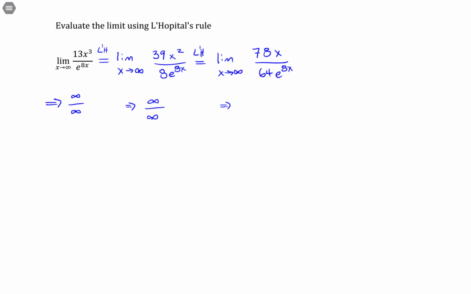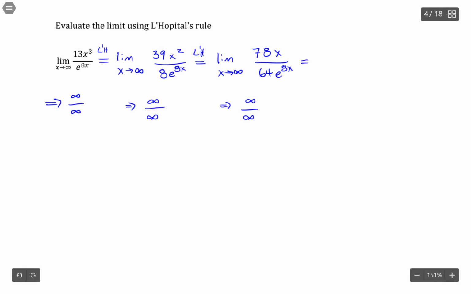So what would happen is the numerator would still go to infinity, and the denominator would still go to infinity. But if you'll notice, even though we're doing multiple iterations here, the numerator is going to infinity a whole lot slower at each stage, because we went from a cubic to a quadratic to a linear.